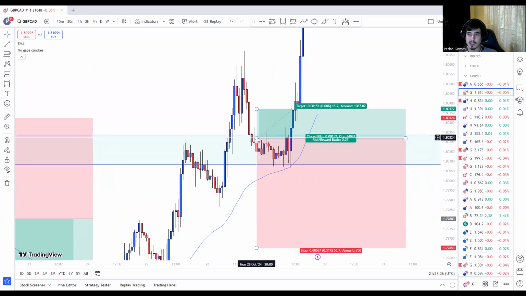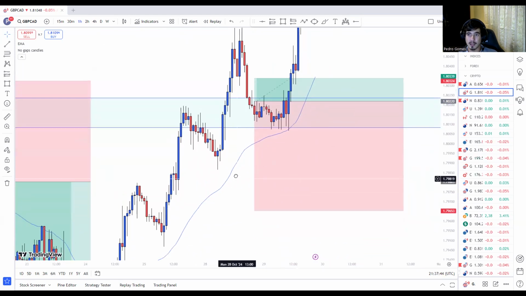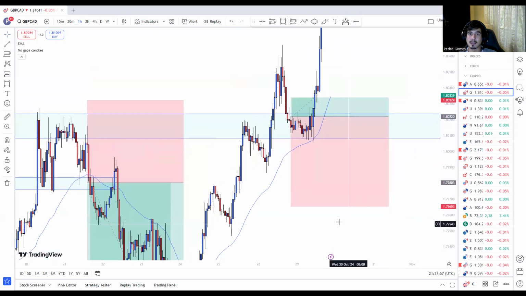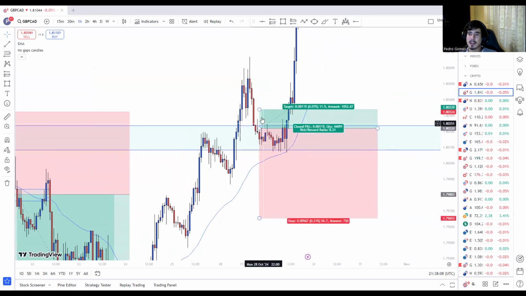I entered the trade here and I'm trying to catch 20% of the capital. And I put the stop loss where I think the price cannot go that easily. So it's a big stop loss.